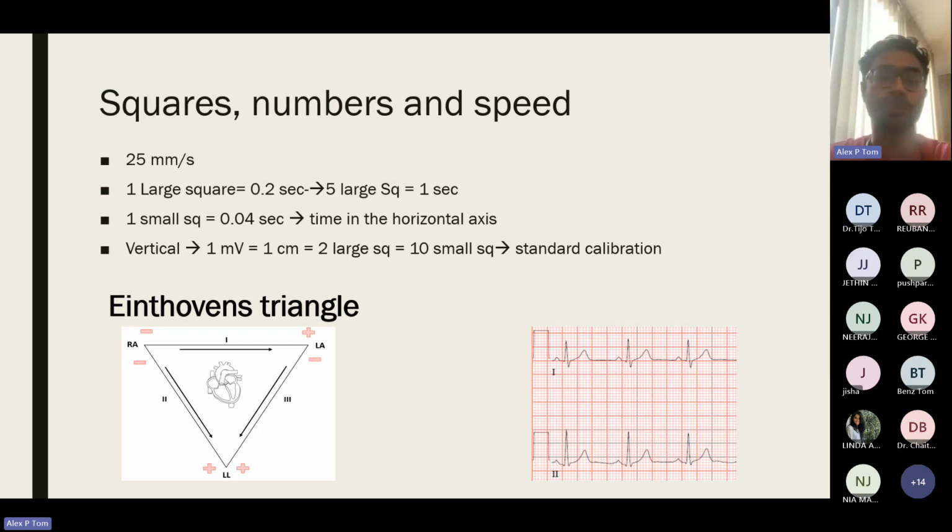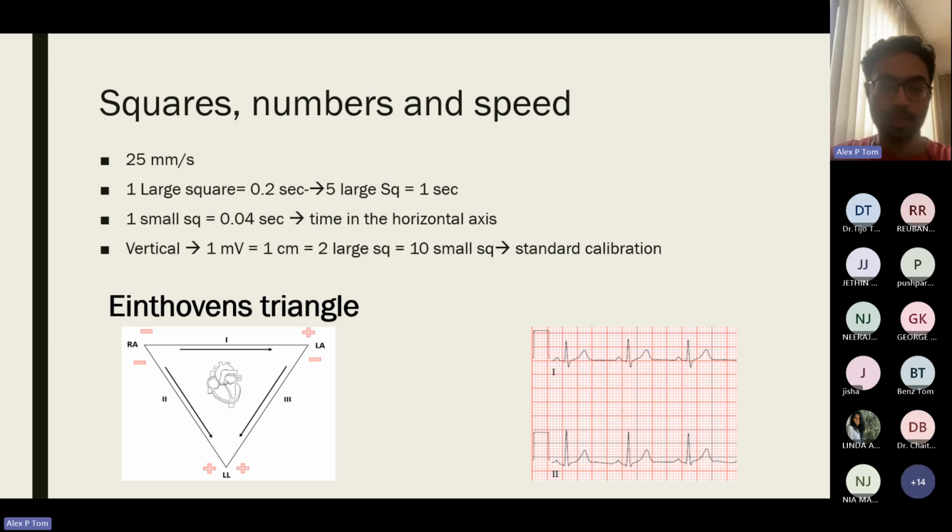To ensure that the ECG is calibrated well, you need to make sure that it's set at 25 millimeters per second paper speed, and the voltage setting should be 1 millivolt equivalent to 1 centimeter. That's about 2 large squares, and that is the standard calibration.